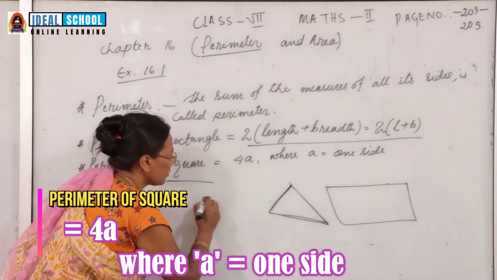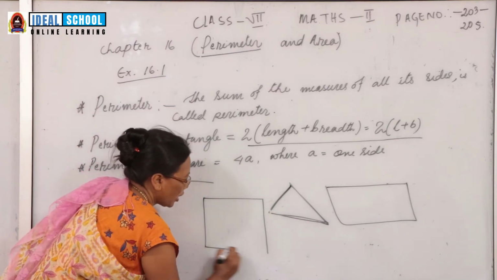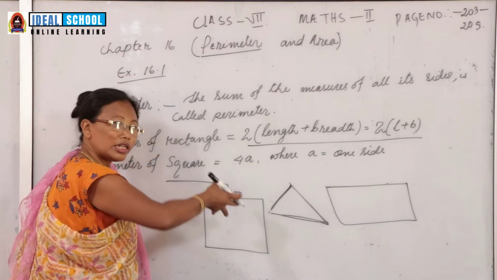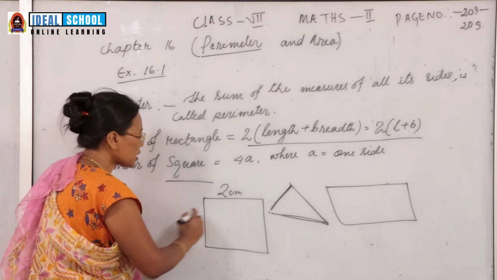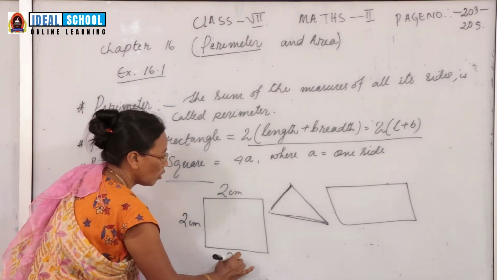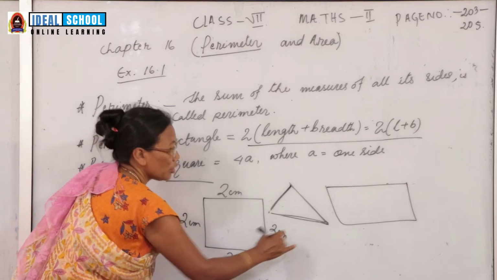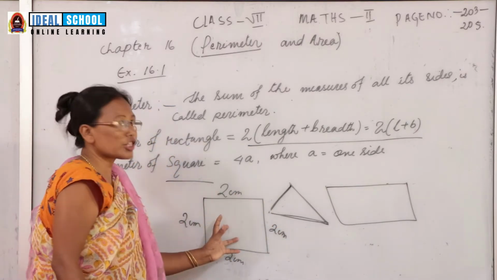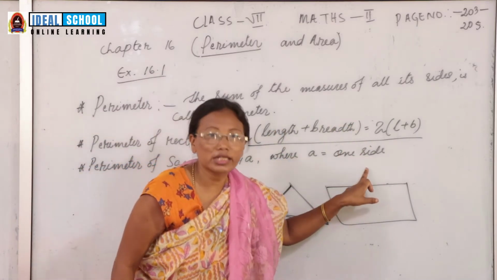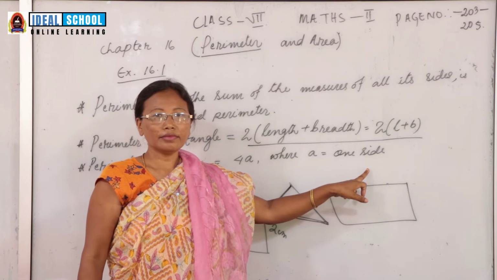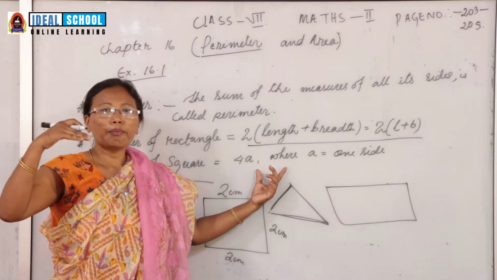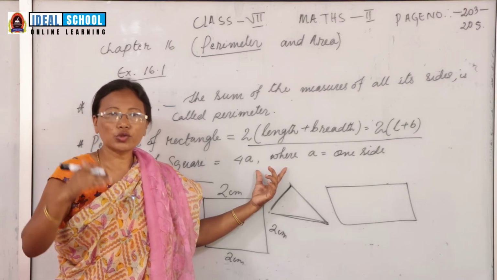As an example, if one side is 2 centimeter and this figure is a square, all the sides must be 2 centimeter in length. That's why among these four sides, we can take only one side, and A denotes one side. This is the formula for finding the perimeter of a square.